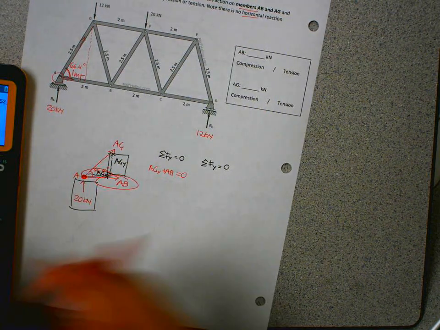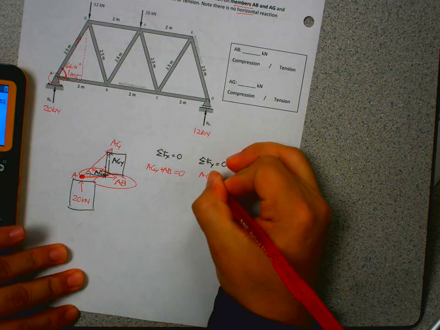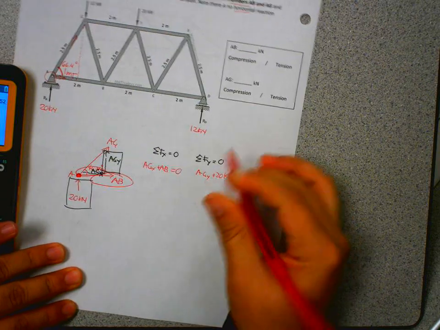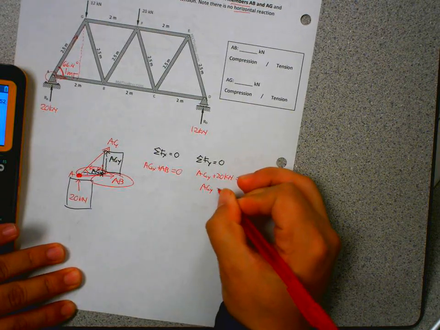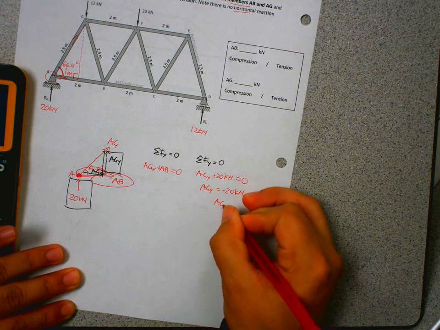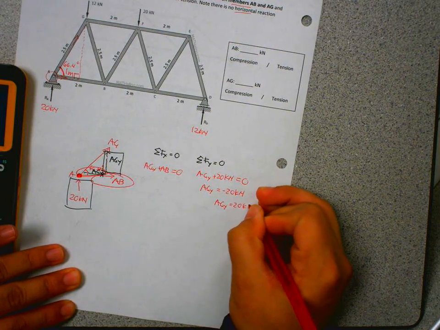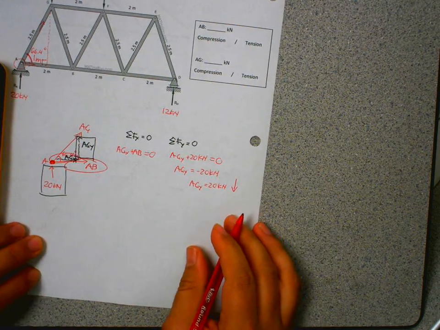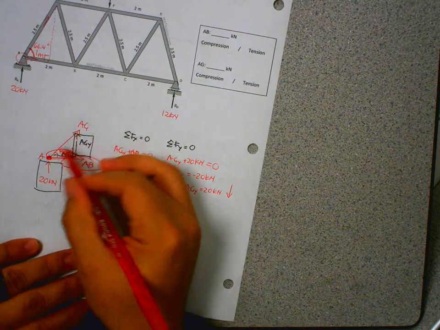All right, so that makes it easy. So AGY plus 20 kilonewtons, because we're assuming both are up, is equal to 0. AGY will equal negative 20 kilonewtons, which tells me that in reality, AGY is equal to 20 kilonewtons in magnitude, but instead of up, it was pointing down. So I'm going to redraw the vector AG.